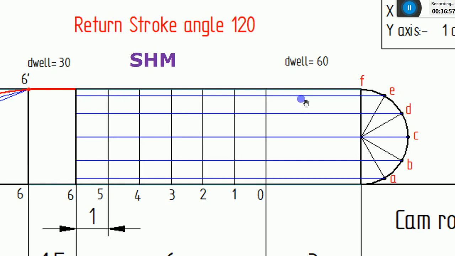After that, the intersection between the line coming from point E and the 5th vertical line will be 5 dash. Similarly, the line coming from point D and the 4th vertical line, this intersection will be 4 dash. Similarly, you'll get 3 dash, 2 dash, 1 dash.